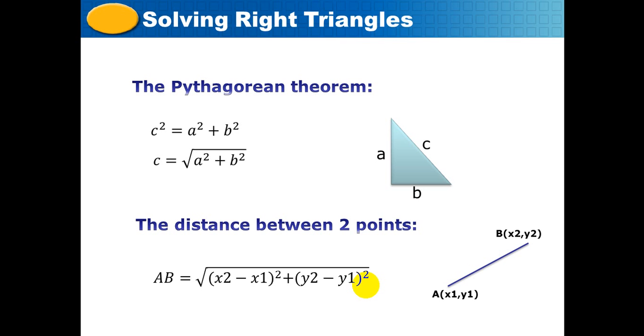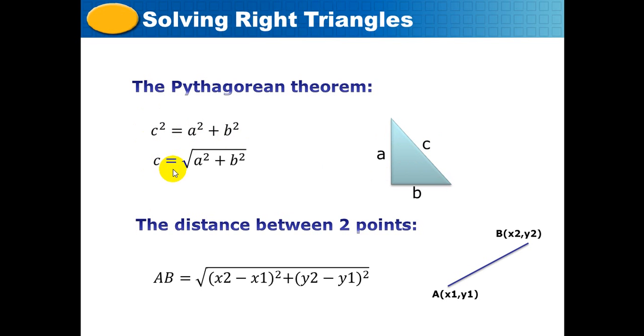Before starting our lesson, we must remember the Pythagorean theorem and the distance between 2 points. In the Pythagorean theorem, if we have a right angle triangle, the hypotenuse is C, the side opposite to the right angle, so C squared equals A squared plus B squared.